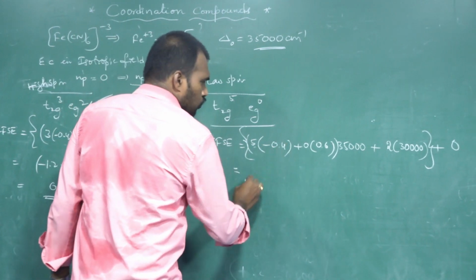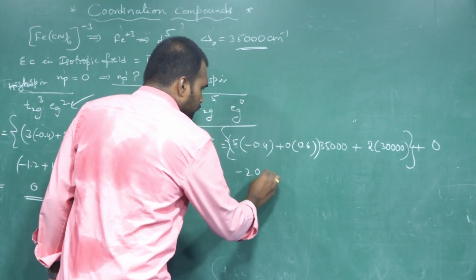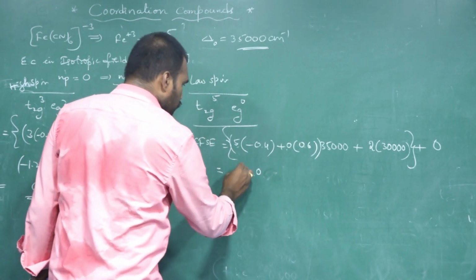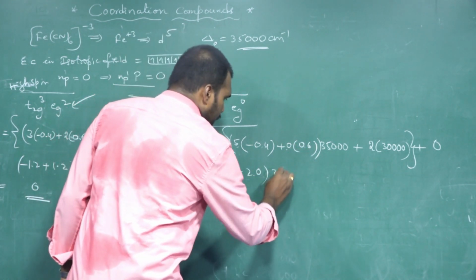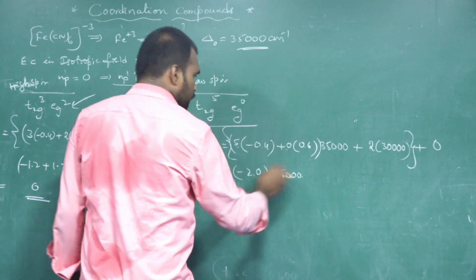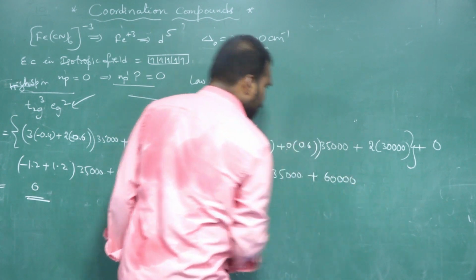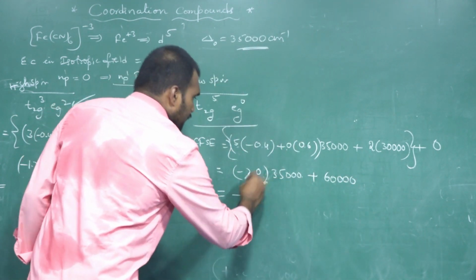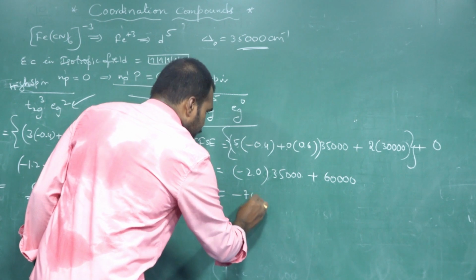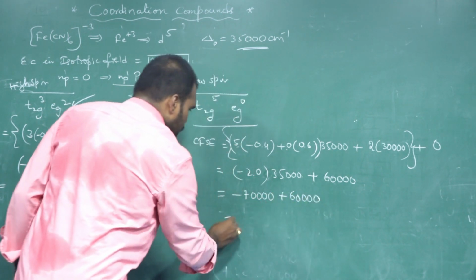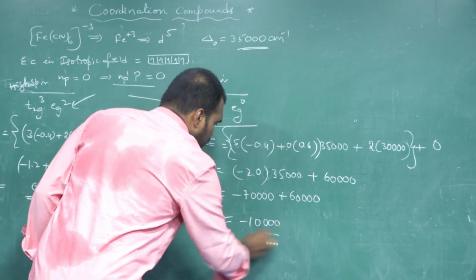That is 5 into 0.4, so minus 2, plus 0. So minus 2 into 35,000, plus 2 into 30,000 is 60,000. So it will be nearly minus 70,000 plus 60,000, so nearly minus 10,000 left.